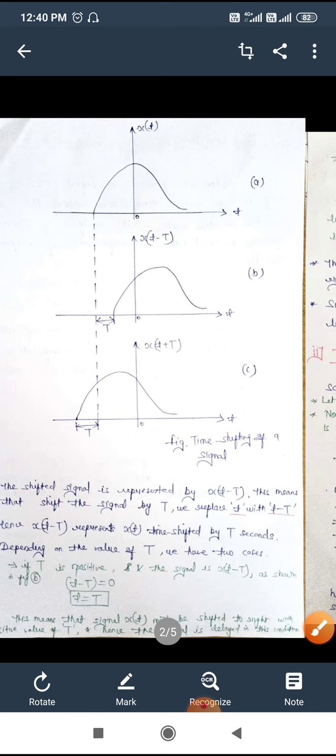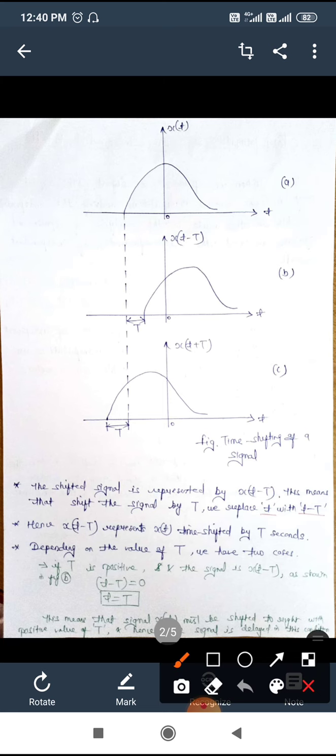This particular T value is a positive value. We have to add it to this particular negative value. Then obviously if you are adding T in this value, it must be shifted toward the right. The whole diagram is shifted toward the right by the value capital T.